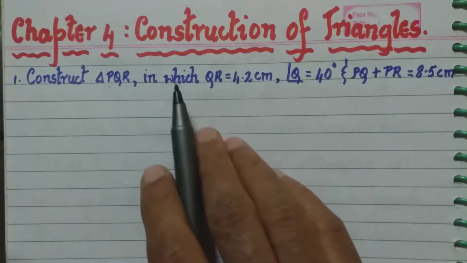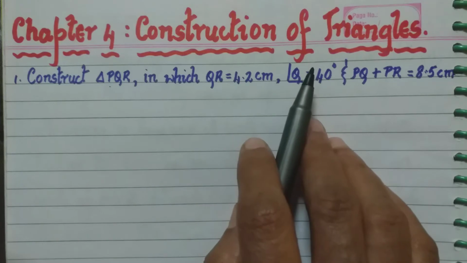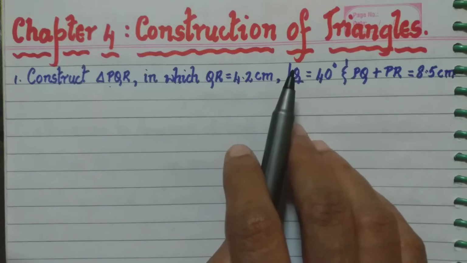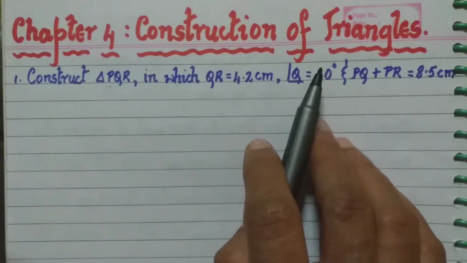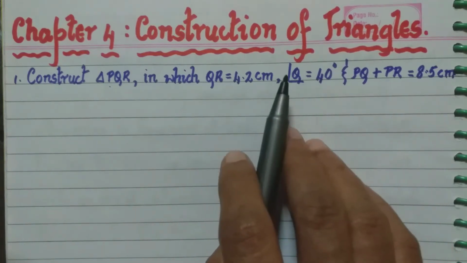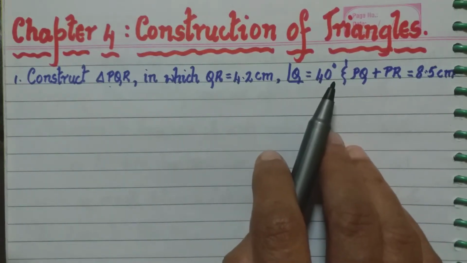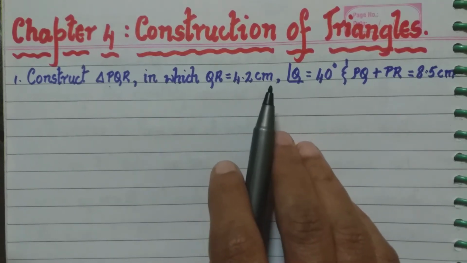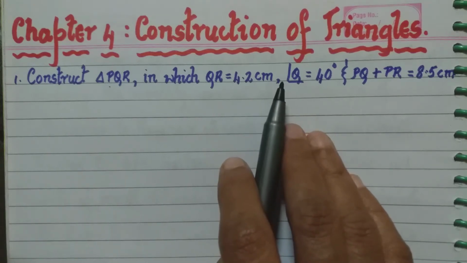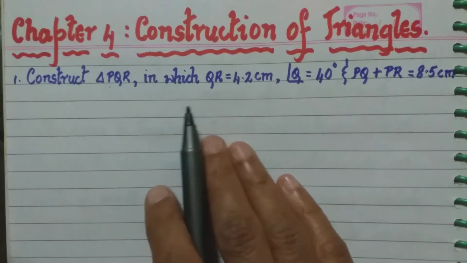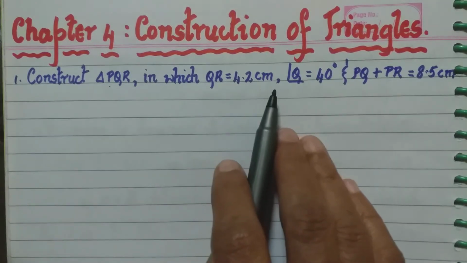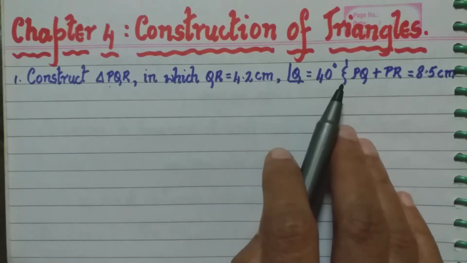Now, what we learn in this practice set 4.1 is, if the base of a triangle is given, an angle adjacent to the base is given, and the sum of the lengths of the two remaining sides is given, how we construct a triangle. So in practice set 4.1, we are constructing the triangle where the base is given, and you see here the base, that is one side QR, which is 4.2 centimeters, and an angle adjacent to the base.